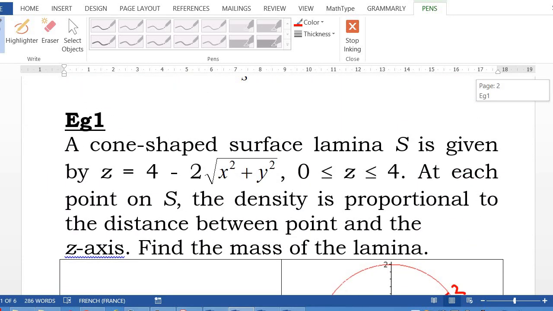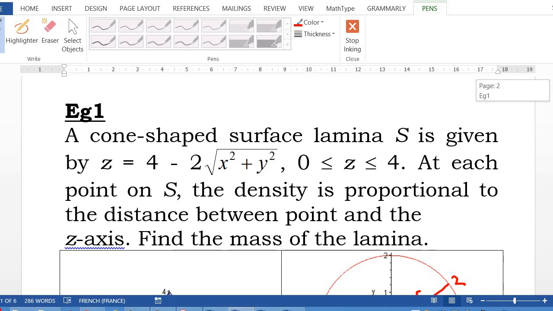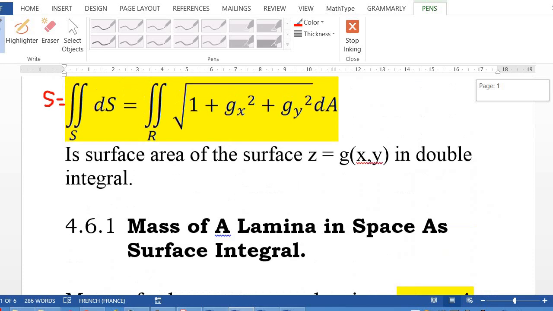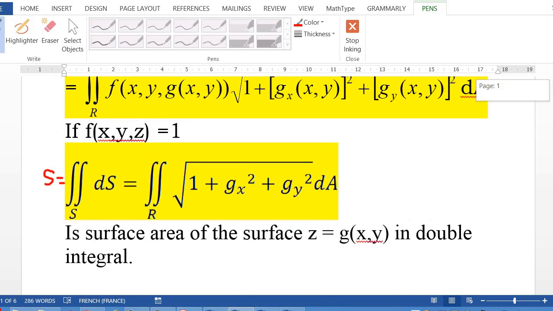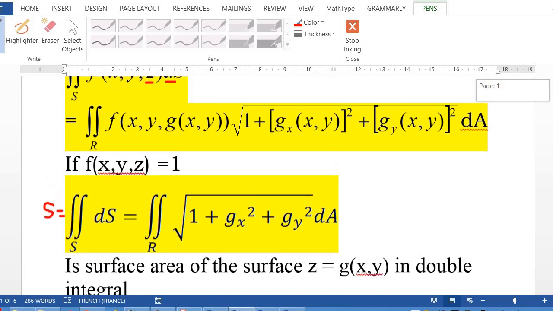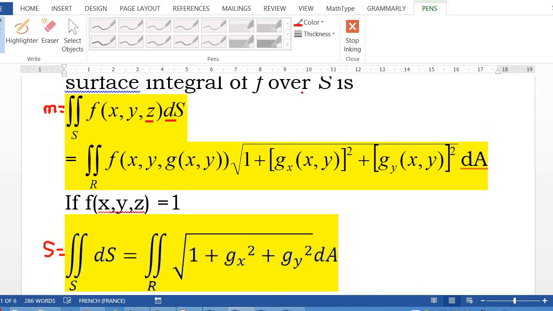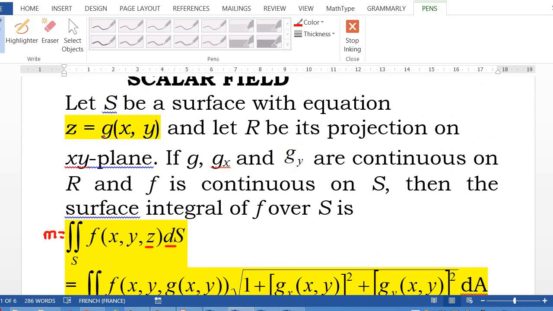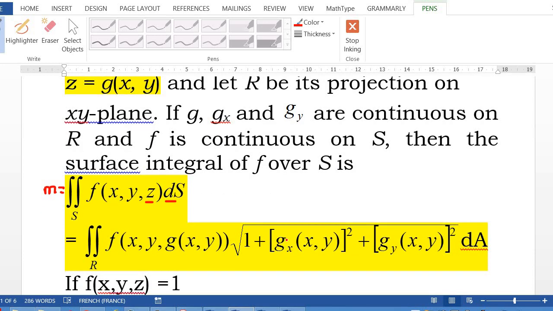So we have gone through the 2 examples, showing how to solve surface area as a surface integral of a scalar field. First of all, you must identify your z, z equal to g(x,y), then define gx and gy and plug in to get your ds.